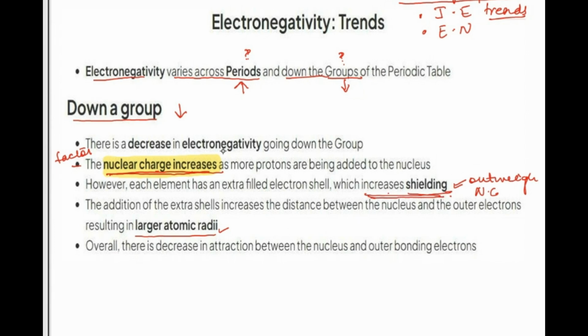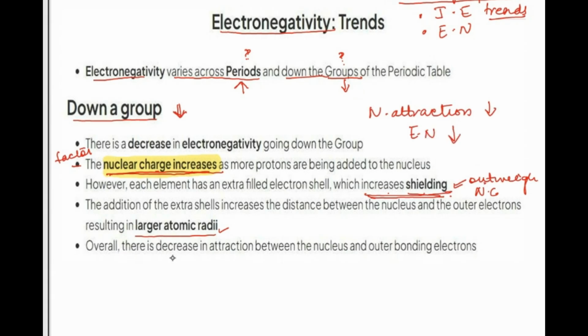Now they are not asking about ionization energy, they are asking about electronegativity, which is the pulling of electrons. Therefore the nuclear attraction between the protons in the nucleus and the electrons decreases, so pulling the electron toward itself is difficult, and that is the reason electronegativity decreases down the group.